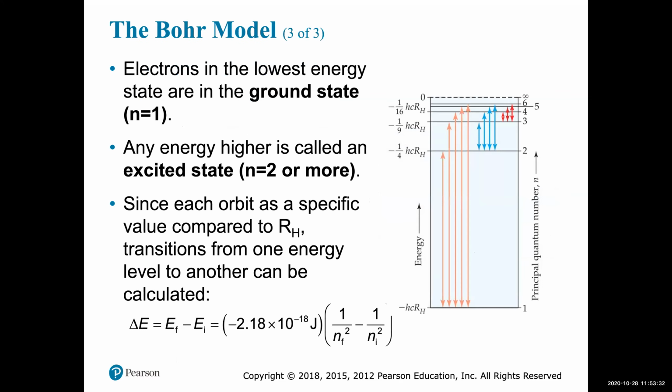So we started getting with Bohr this definition of defined levels that the electron can be at. And so that lowest energy state for the electron, we call it the ground state, with a value of n equals 1. And we'll talk about n being the principal quantum number in a moment. Higher energy levels are called excited states. And so then those are just 2, 3, 4 on down the line. We can calculate that energy change from one level to another using the formula below here.